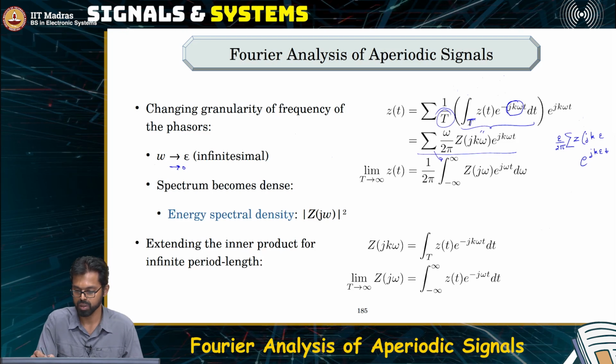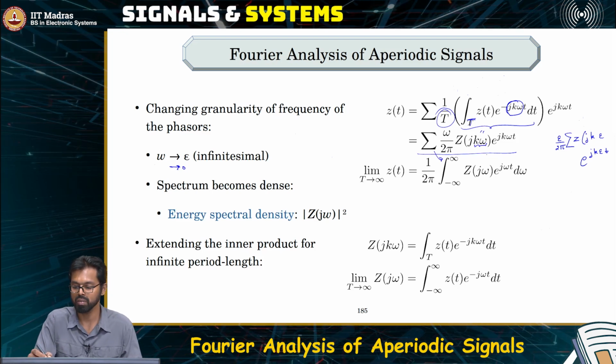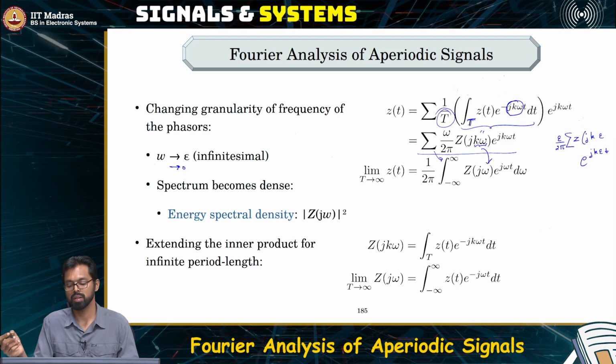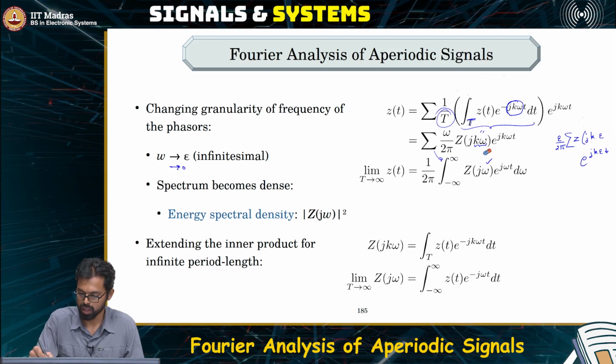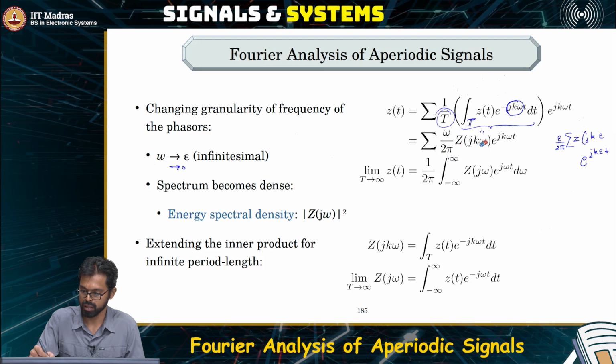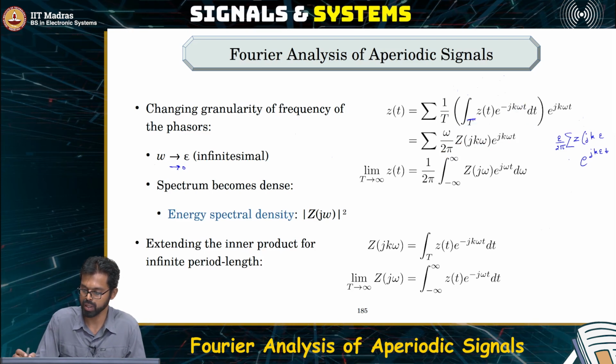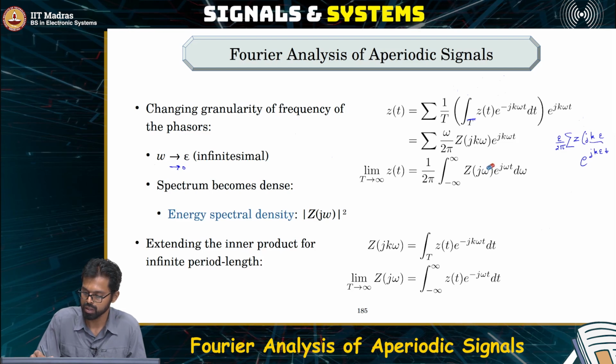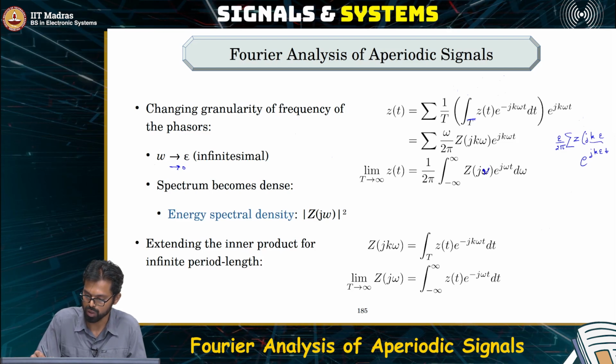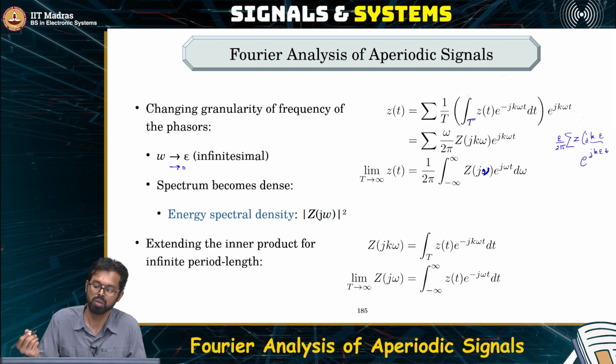It runs from minus infinity to infinity. You just replace this k omega with another variable, or let's make life a little easier to follow: let's replace k omega with nu. Okay, let's call this nu.